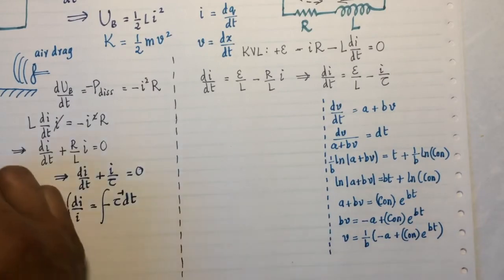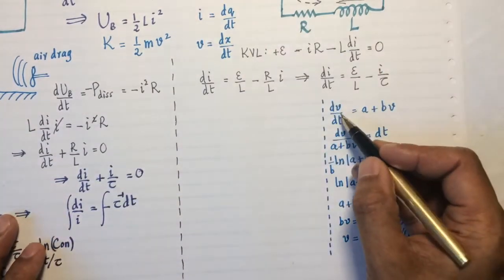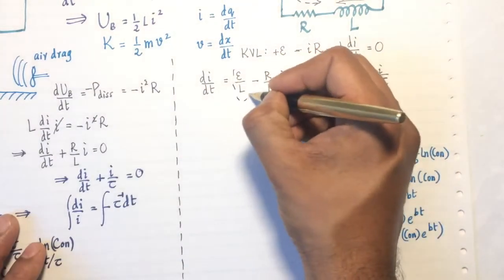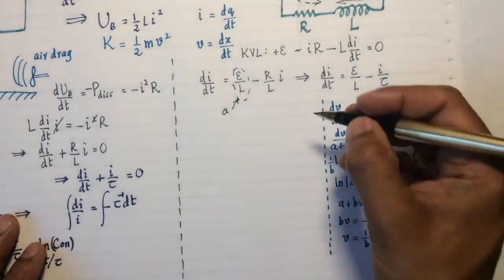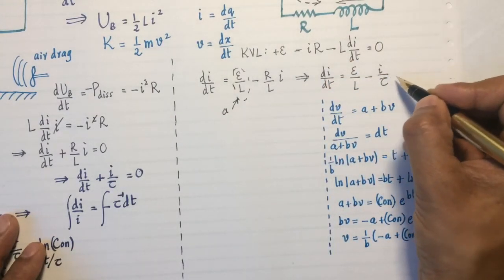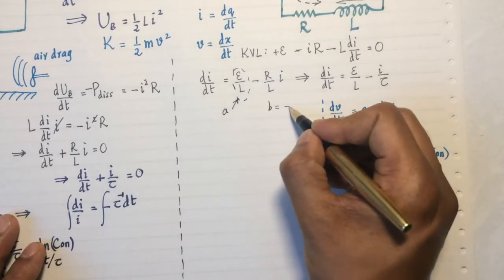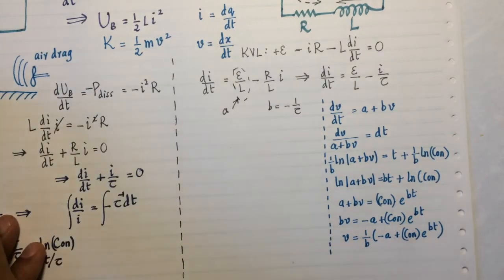All I have to do now is make a one-to-one correspondence between what A and b are. I is of course velocity, so that's fine. A is this quantity E over L, and b is the quantity, so I'll write it here, b equals negative 1 over tau.